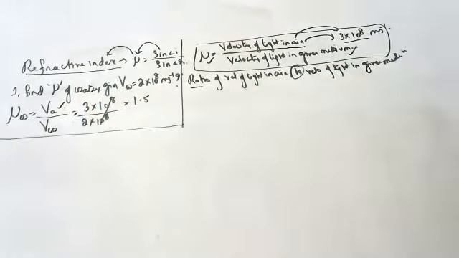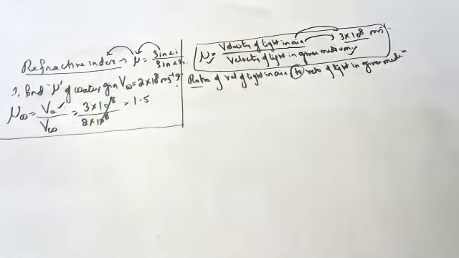As you keep doing, you'll understand, children. Find the refractive index of glass, given the velocity of light in glass is approximately 4 by 3 into 10 to the power of 8 meters per second. Harika, tell me how to do this.